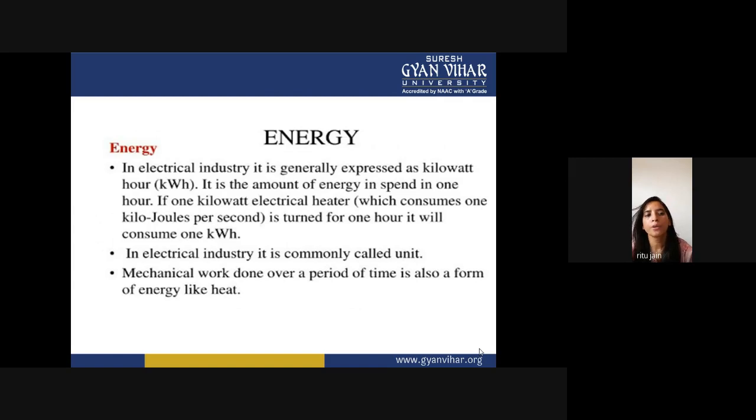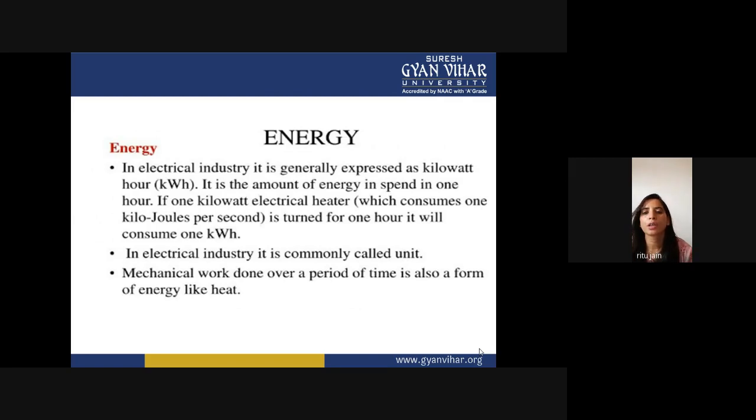So if you turn on your 10 bulbs of 100 watt for 1 hour, it will consume 1 unit of energy. This is the energy which your bulbs are consuming. Now let's come to the next point.